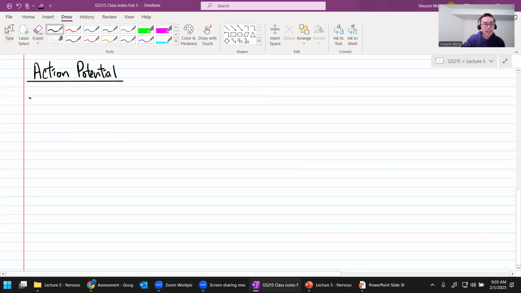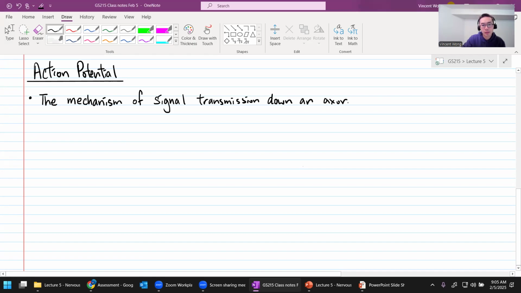Action potential is basically the mechanism, the method, the mechanism of signal transmission down an axon of a neuron.